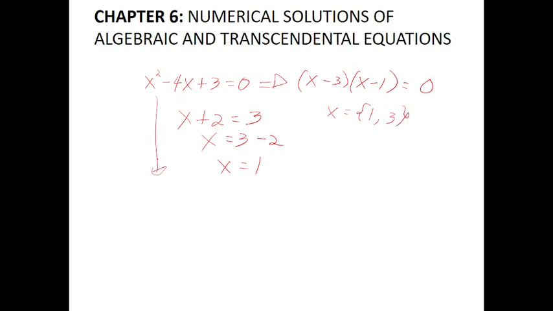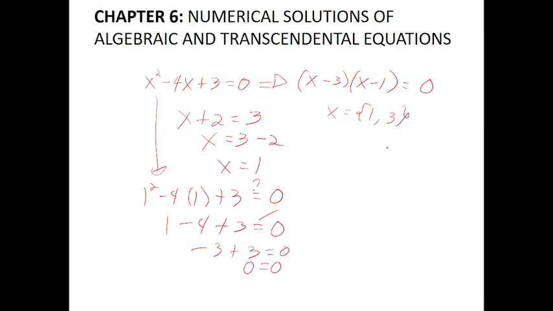So in this example, if x is 1, that is 1 squared minus 4 times 1 plus 3, shall we get 0? So we have 1 minus 4 plus 3. Okay, so 1 minus 4 is negative 3 plus 3 is 0, and that gives us 0 equals 0.